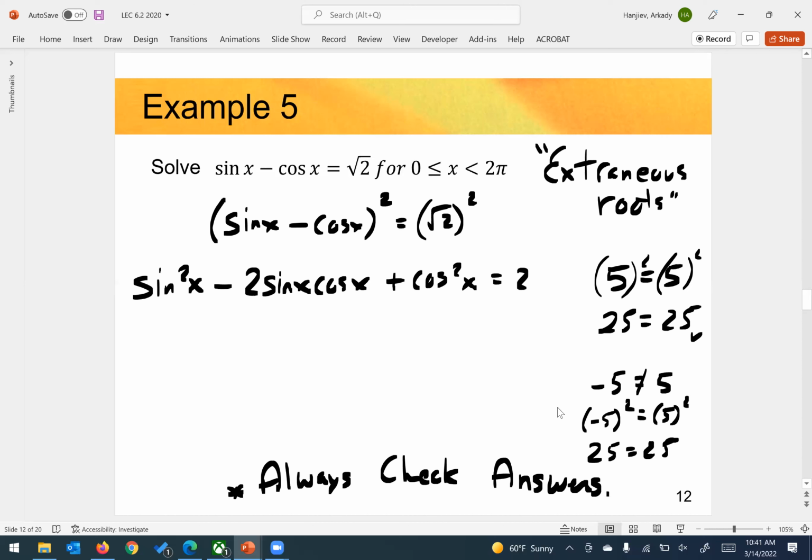Sine squared x plus cosine squared x. Yeah, we got this. Oh man, look at this. We have that right there. That's not cool, because now I have two. I didn't get rid of anything. You have to put it back.